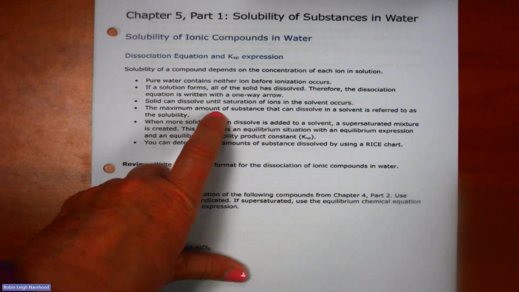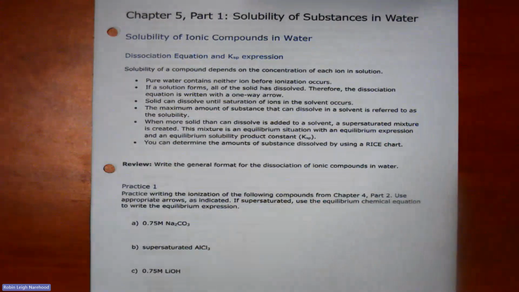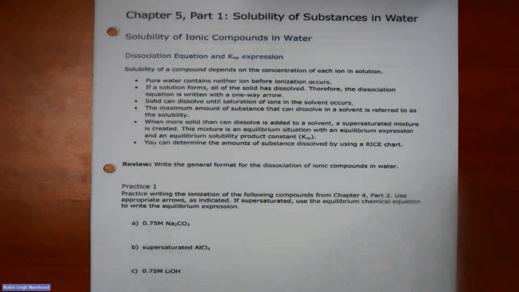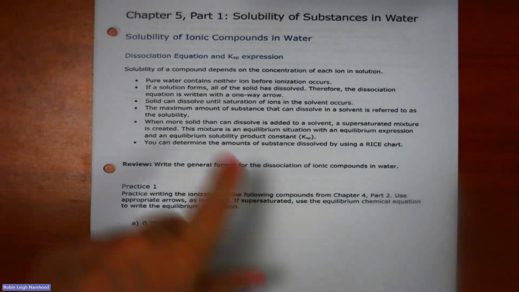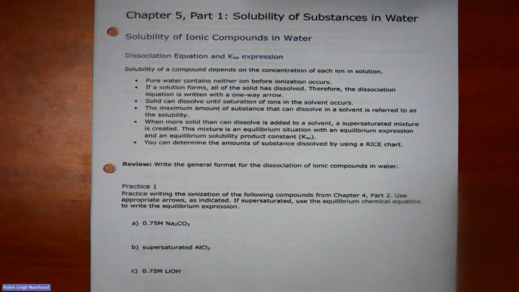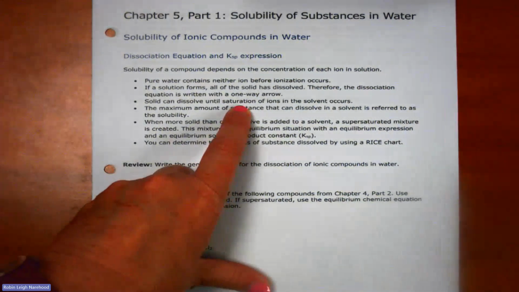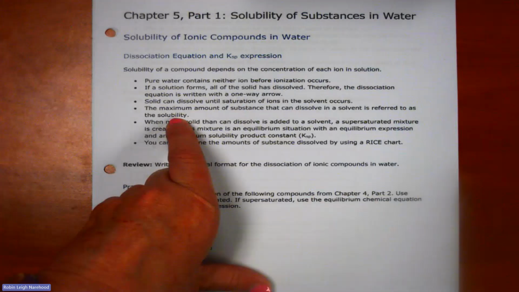But at some point, because the solid particles have to be surrounded by the solvent, and there has to be enough energy that the water can break the ionic bond, there's not going to be enough available water and energy to break any more ionic bonds. That's when you reach the saturation, which is solubility. And solubility is just the most that can dissolve.